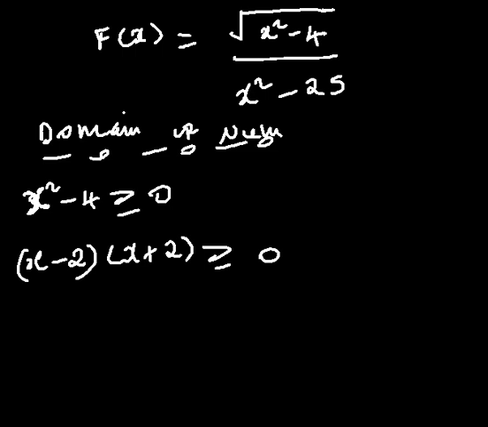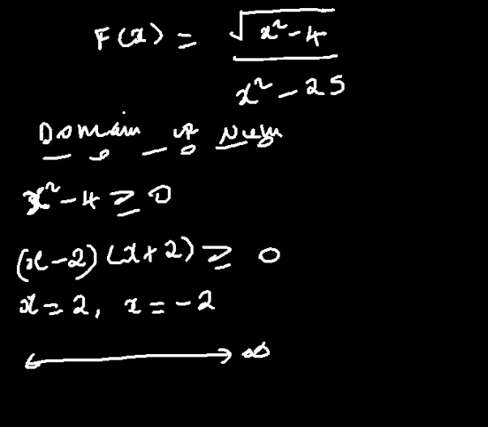And what are the key values? We have x equal to 2 and x equal to negative 2. I have to present them on the number line, with positive infinity and negative infinity, and the key values negative 2 and positive 2.